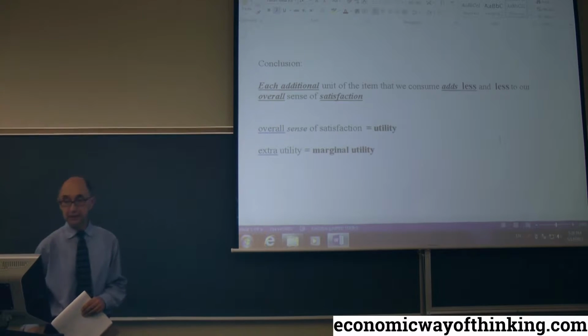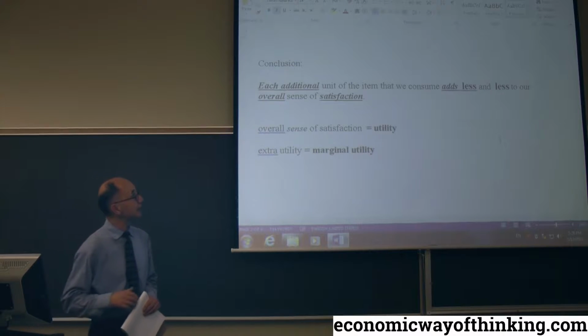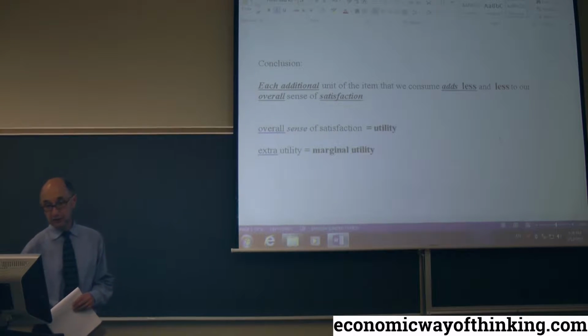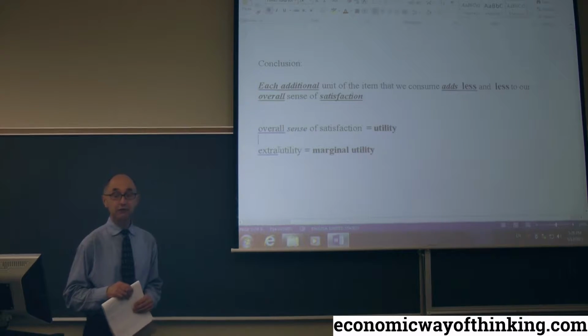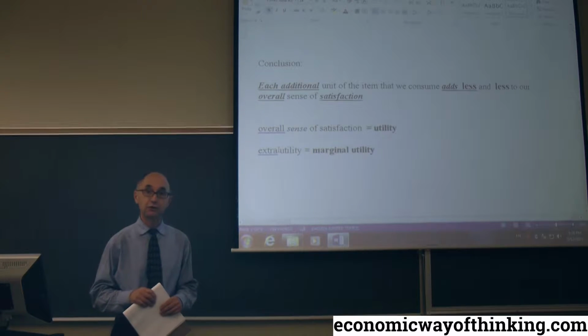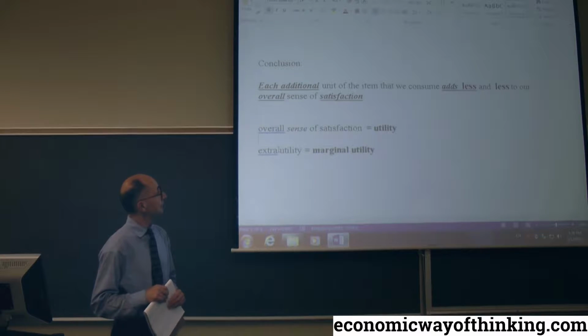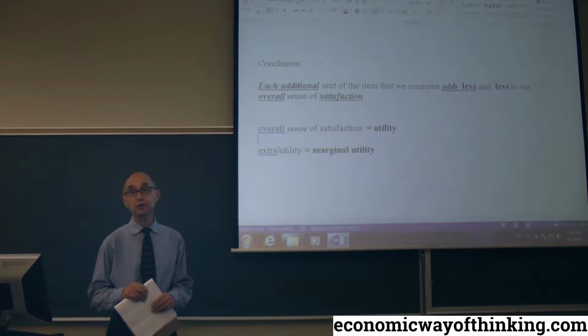So we could say that each additional unit of the item that we consume adds less and less to our overall level of satisfaction. And we call that level of satisfaction utility. And the additional utility, or extra utility, you get from each additional unit of an item that you consume, economists have a special name for that. They call it marginal utility.